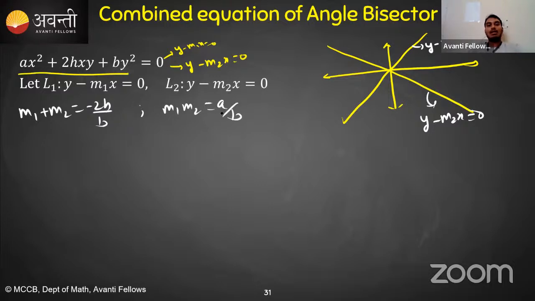Clear? So now the question is reduced to first finding the equation of the bisector of these two lines. Two lines are given.